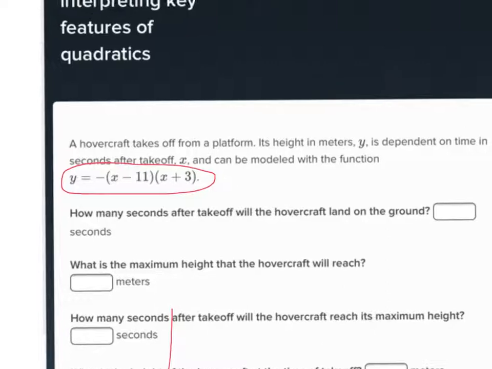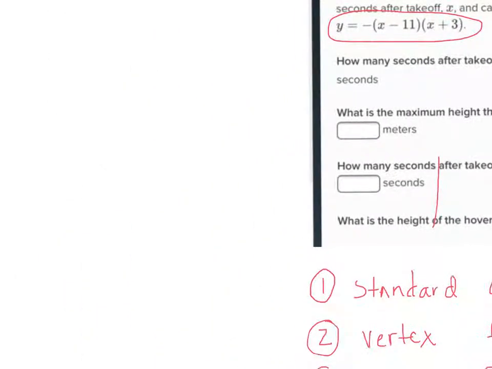Okay? So let's take our function. Let's write it right here. y equals negative (x minus 11)(x plus 3). And let's set that function equal to 0.